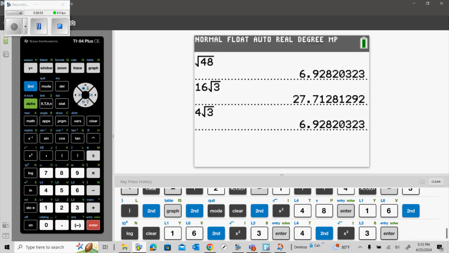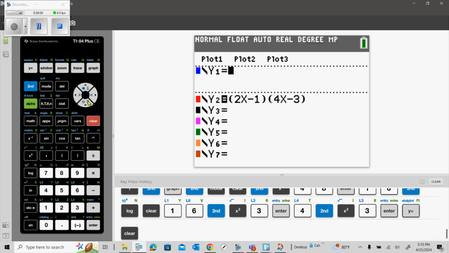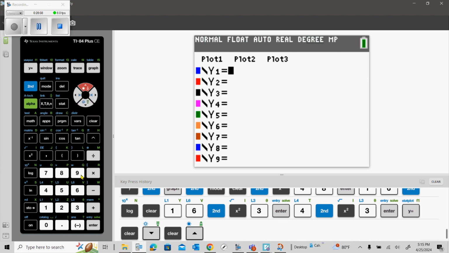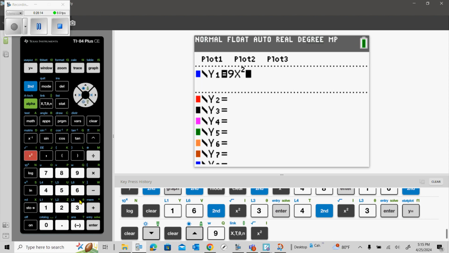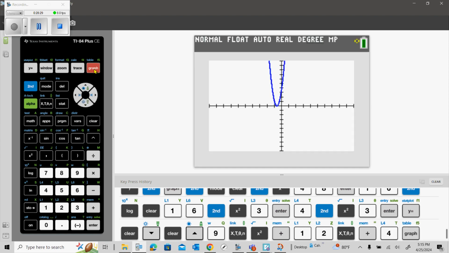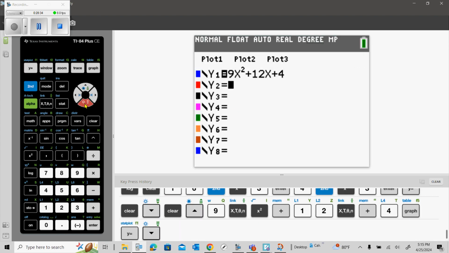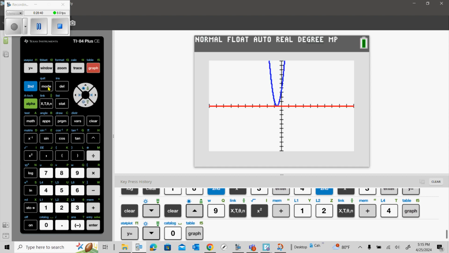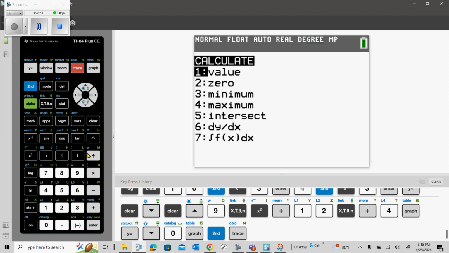I didn't put it in here, but you can really see it when you're looking at your graph and at those intercepts. I forgot to put my x, sorry, and then plus 4. All right, so I can graph. I think I see there's maybe more than one intersection, but what I need to make sure I do is on the second, I'll put a 0, hit my graph, and then hit second trace because I want to find the intersection, which is 5.